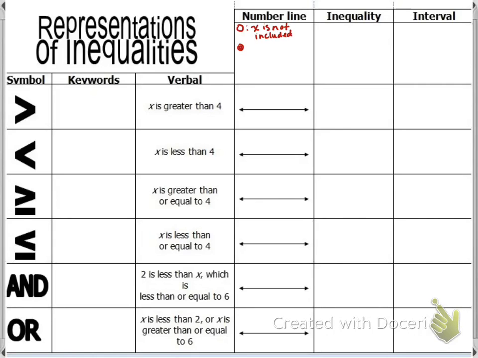However, a closed circle indicates that x is included in the solution. And then for the remainder of the number line, we shade the numbers x could be.